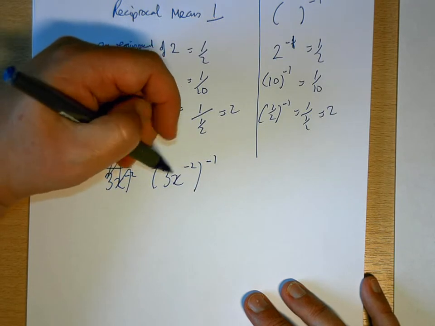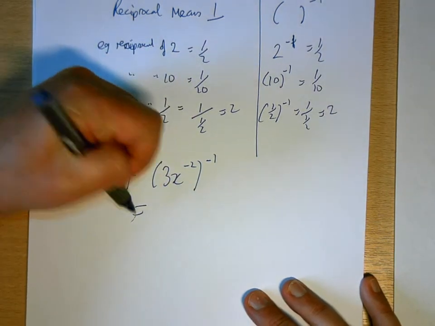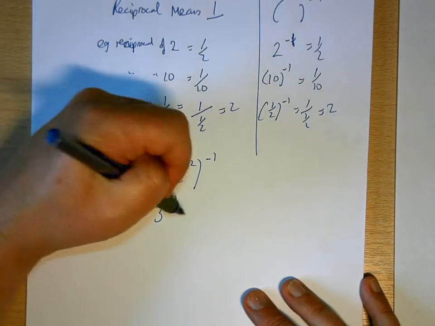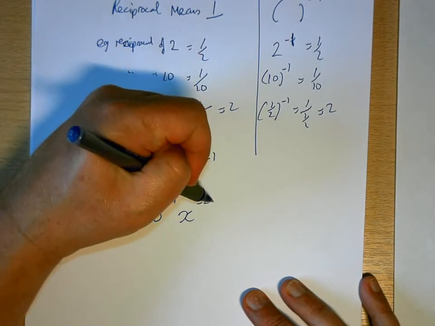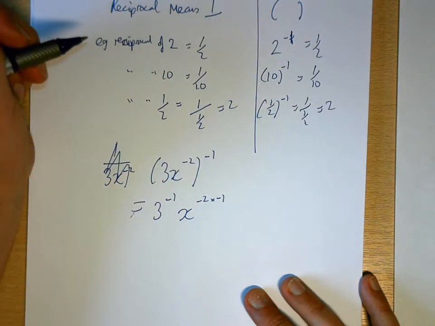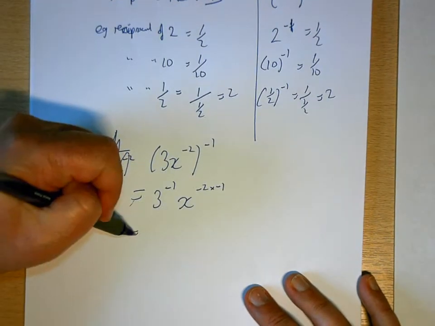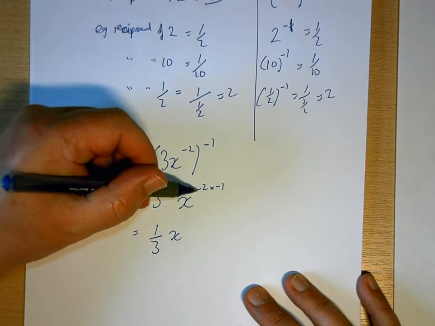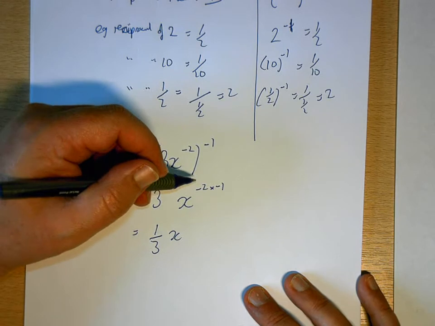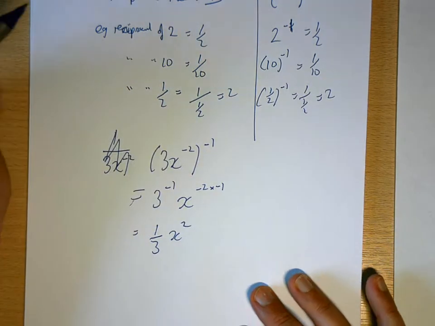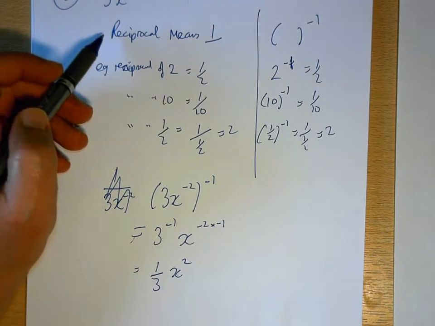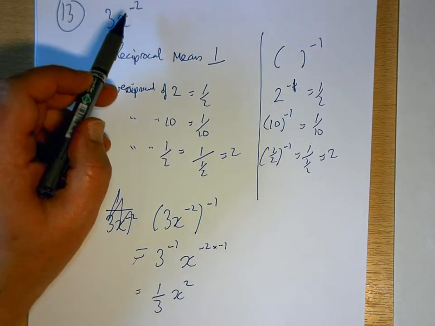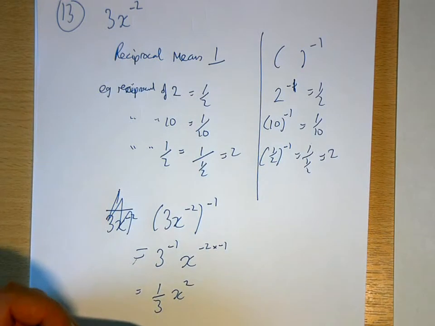So what we get now is 3 to the minus 1, x to the minus 2 times minus 1. 3 to the minus 1 means 1 over 3, and minus times a minus makes a plus. 2 times 1 is 2. So the simplest way of writing the reciprocal of 3x to the minus 2 is 1/3 x squared.